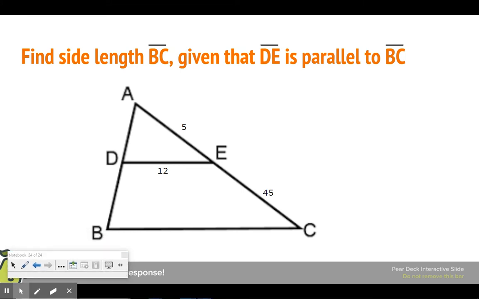All right, so find the side length BC, given that DE is parallel to BC. Okay, so we can set up a little proportion here. 5 over 45, and then 12 over x.